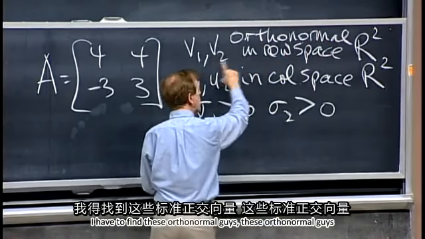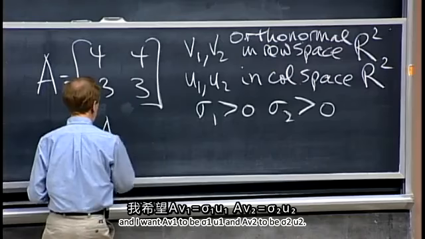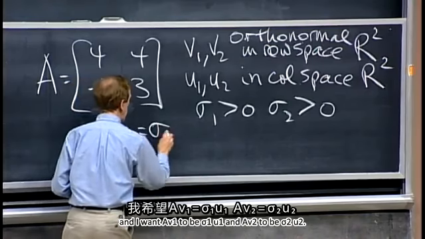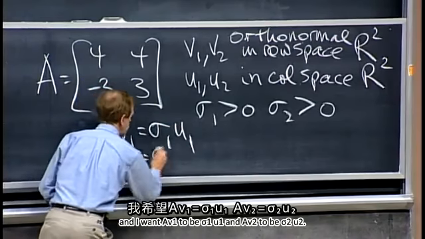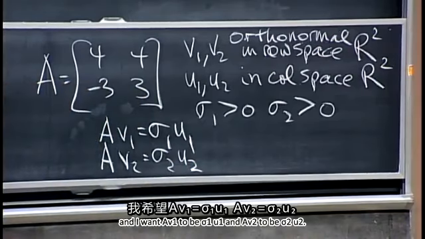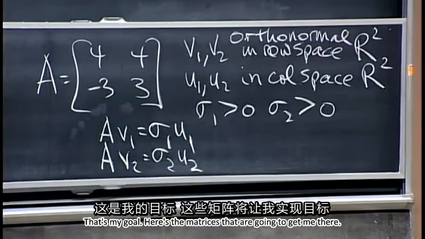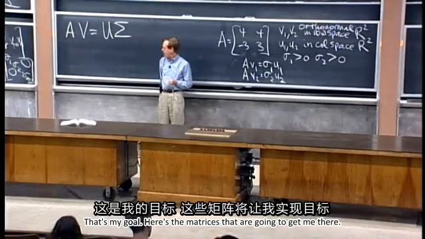I have to find these orthonormal guys, and I want A V1 to be sigma 1 U1, and A V2 to be sigma 2 U2. Okay. That's my goal. Here are the matrices that are going to get me there.